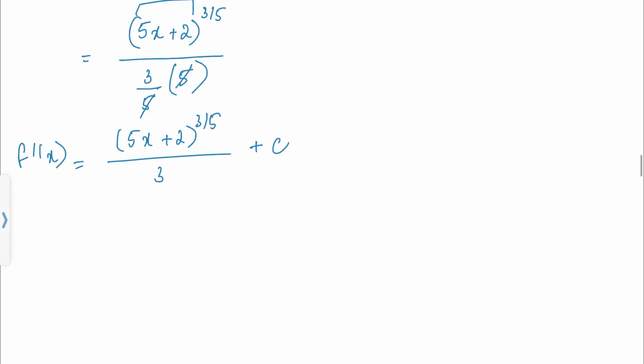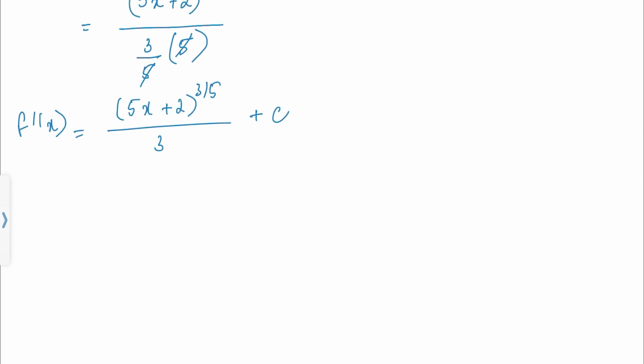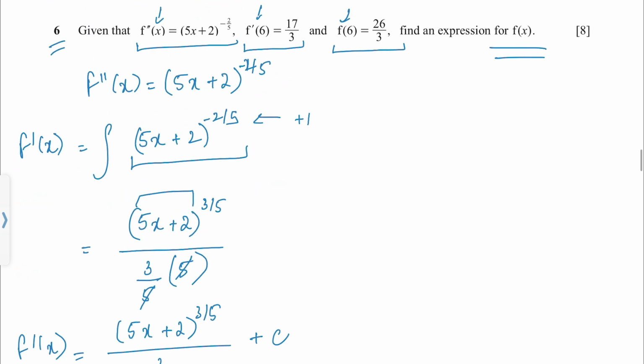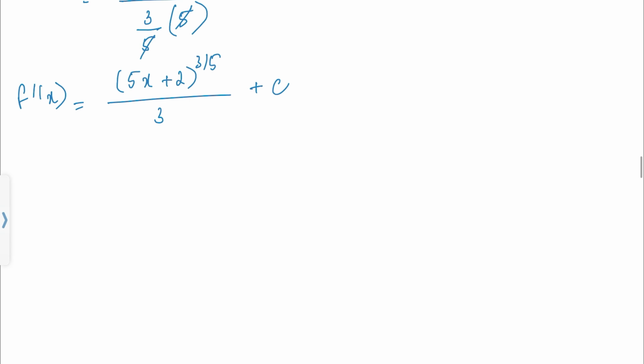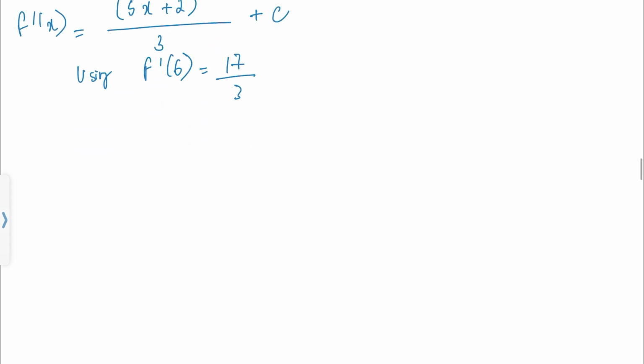Now f dash 6 is given as 17 over 3. Using initial conditions, f dash 6 is equal to 17 over 3.